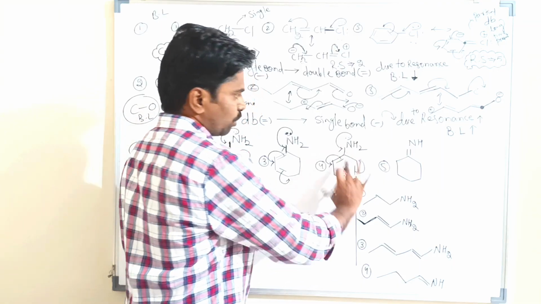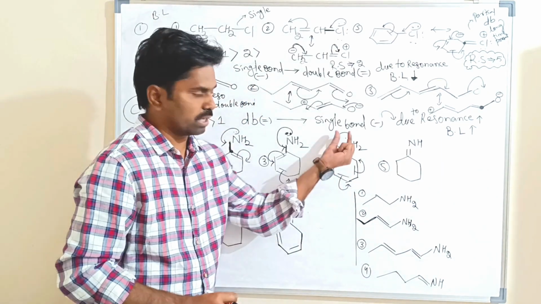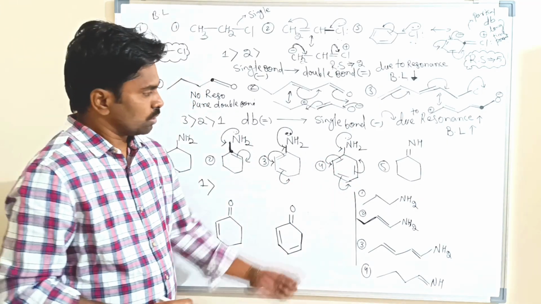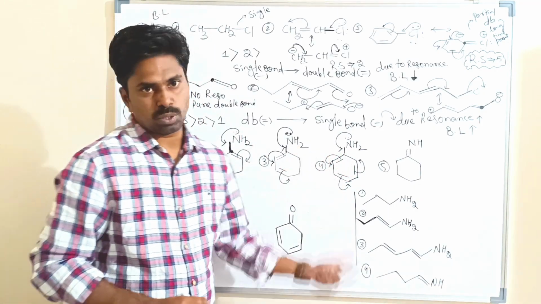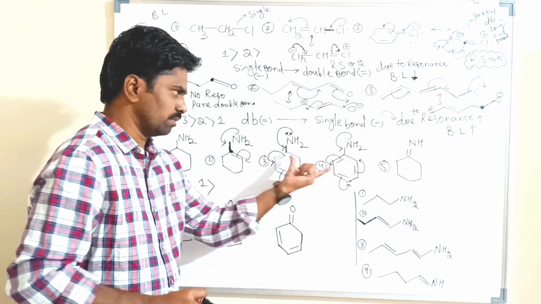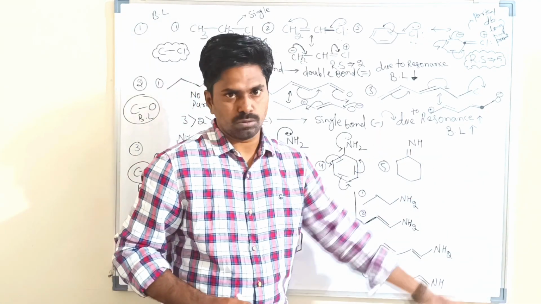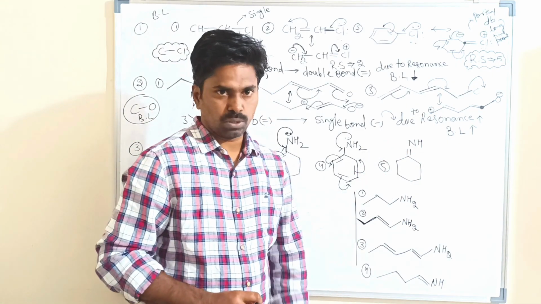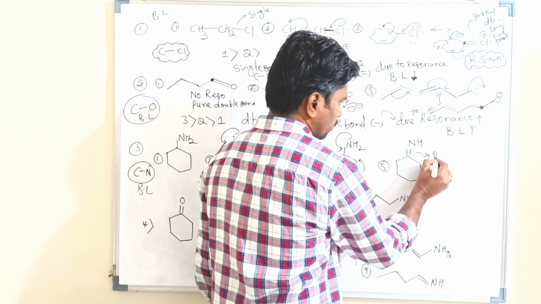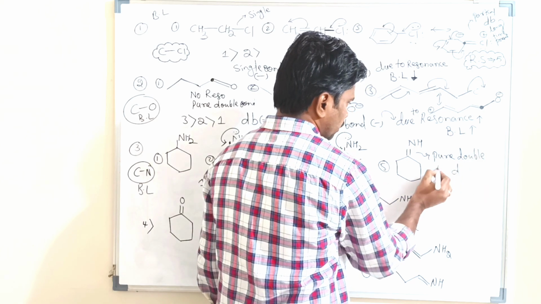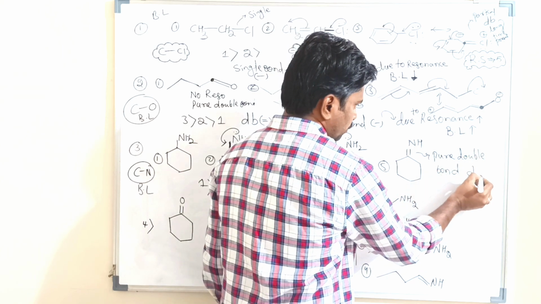So we know that the partial double bond present between the carbon and nitrogen for a long time consists of a shorter bond. In these three, obviously the third one is the pure double bond. It will come last only, because this is a very short bond. Okay, because this is a pure double bond, it will be the shorter bond.